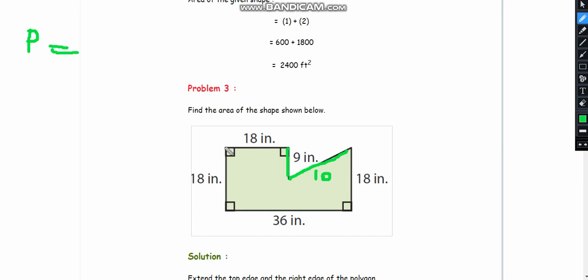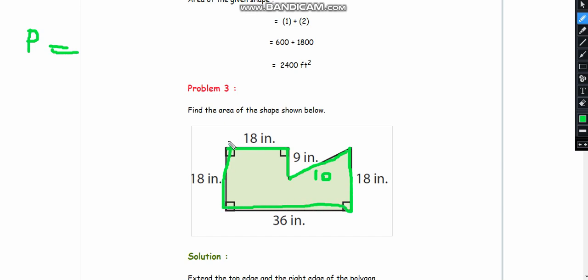So in this case, the perimeter is actually quite easy to find. We just go around as if we were walking around this weird shape and find the total distance traveled. So this would be 18 plus 9 plus 10 plus 18 plus 36 plus 18.